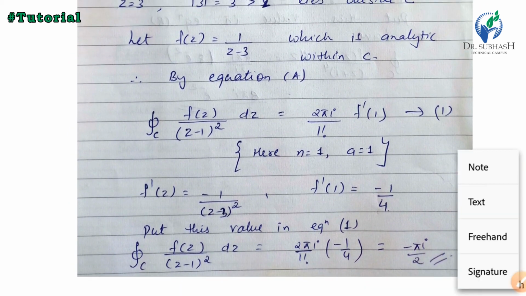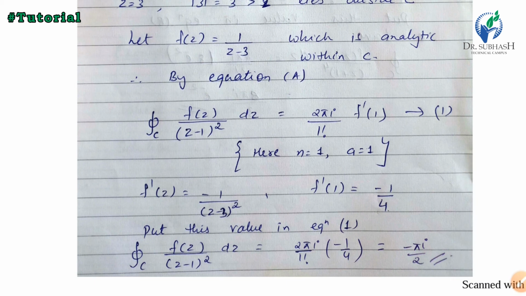We get integration over C of f(z) upon (z minus 1) square dz equal to 2 pi i upon 1 factorial into minus 1 upon 4, which is equal to minus pi i upon 2, which is the required solution.